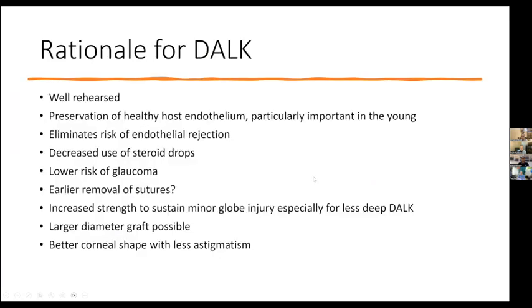So the rationale for DALK is well rehearsed, and it is about preservation of healthy host endothelium. This is particularly important in the young, as the endothelium would need to last a long time. Also, if your donor material is not of very good quality, then the endothelium may not last very long either.